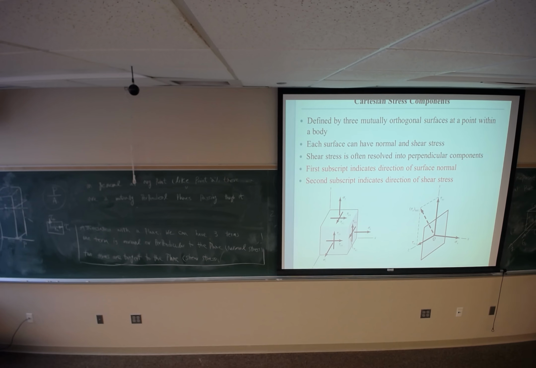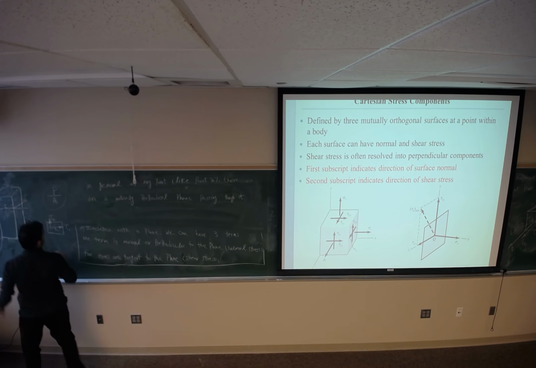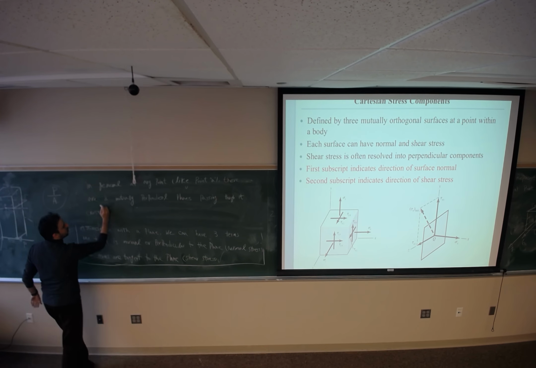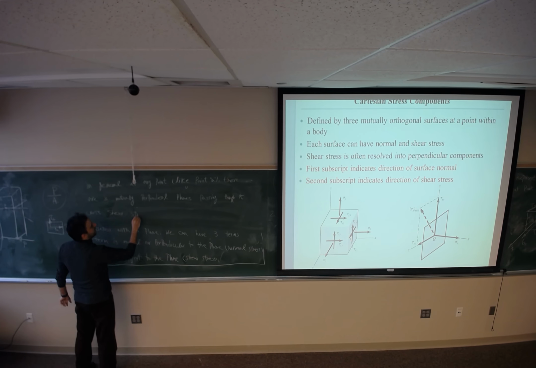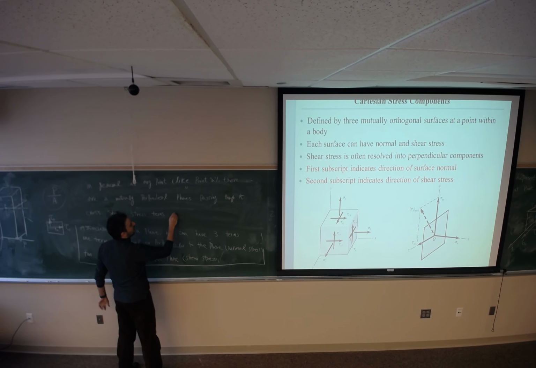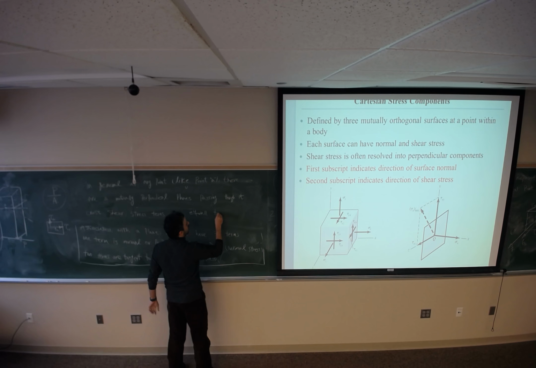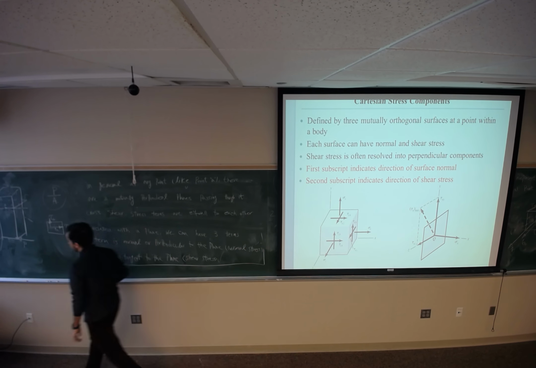So next thing that we can talk about on the state of stress is that many cross shear stress terms are equal to each other. What do I mean by cross shear?